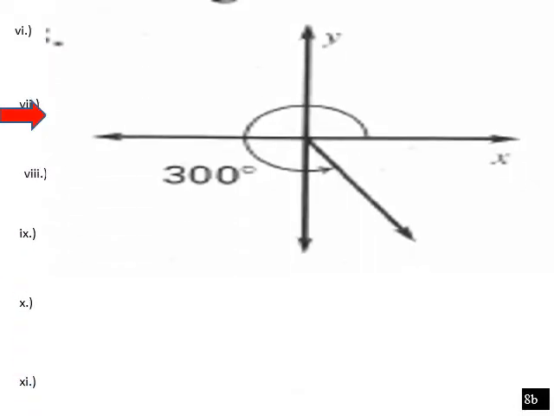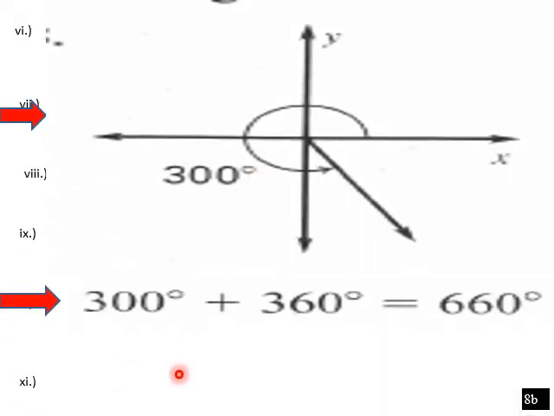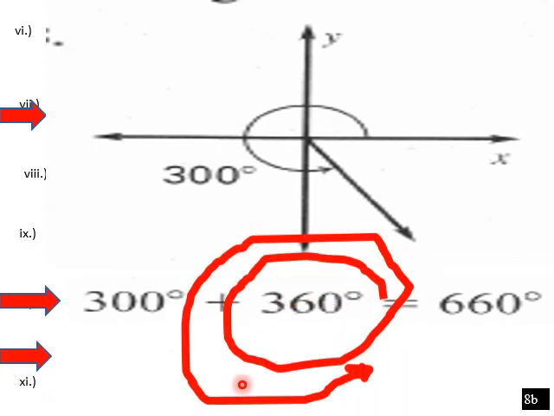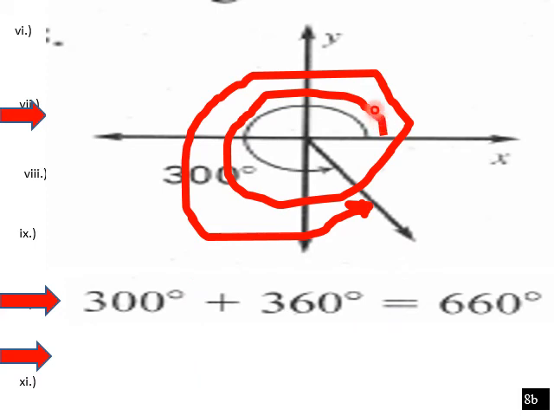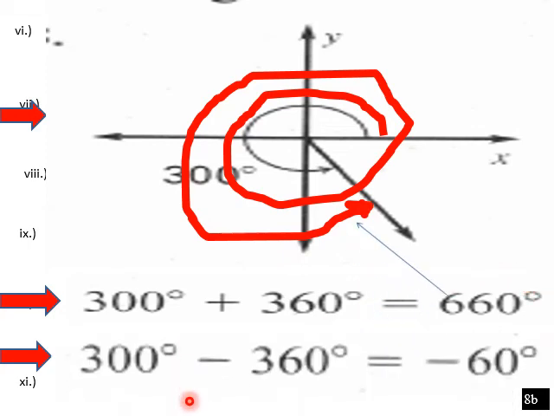That would be one way of looking at it. 300 plus 360 would be 660. So that would be once, and then around again, 300 degrees. That would be 660 here. And then 300 minus 360 would be negative 60. So this would be negative 60 degrees here.